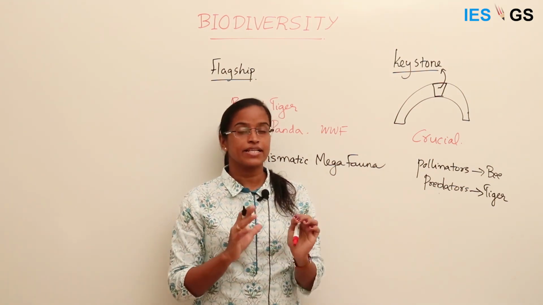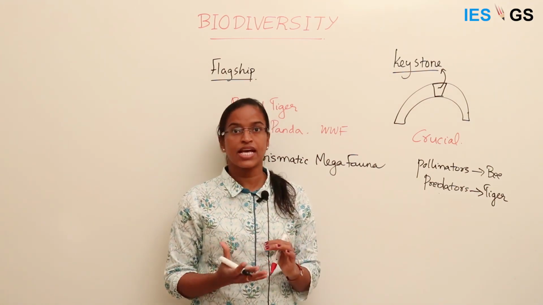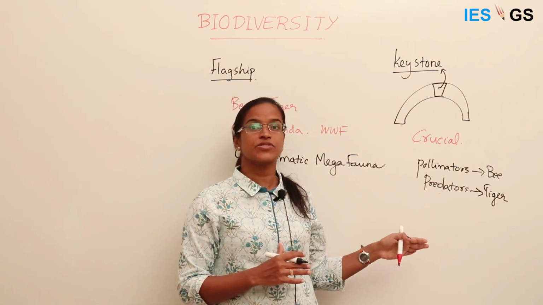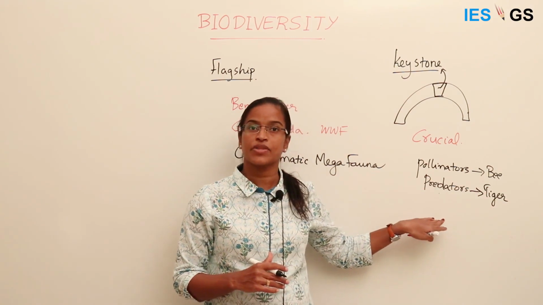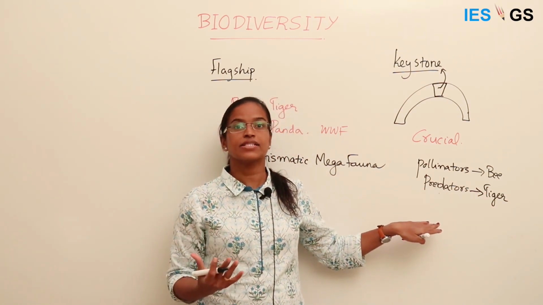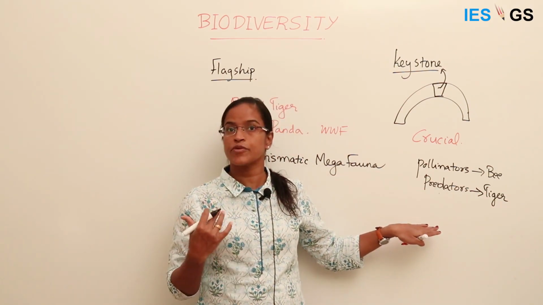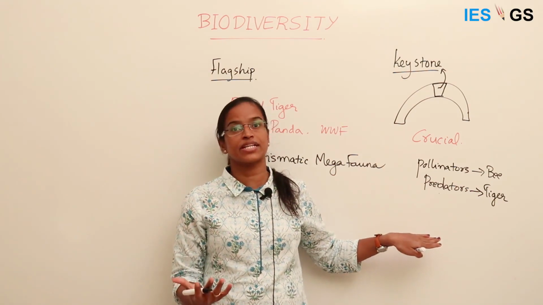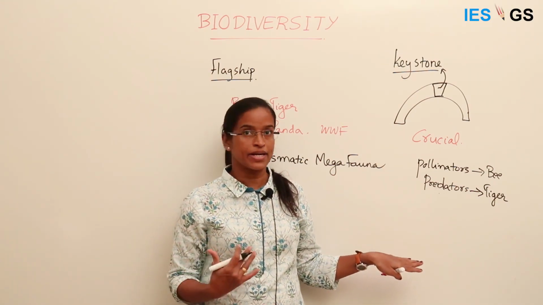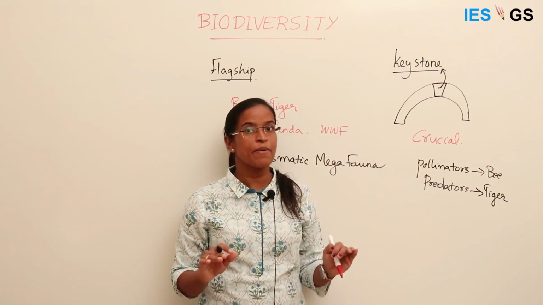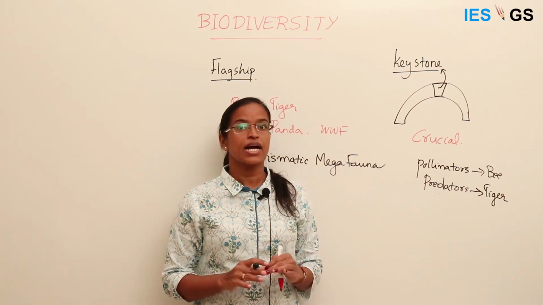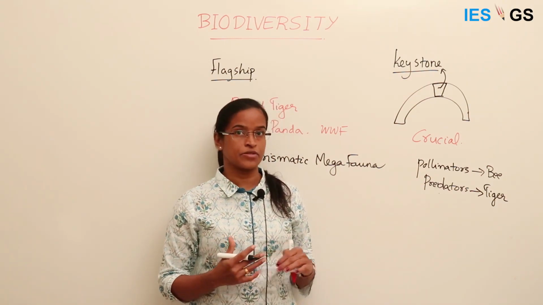Like that, a variety of species evolve, and the numbers of these species are also maintained by the tiger through predation. Otherwise, the species would overgraze and remove the plant life in that region, and the land would go barren. So the tiger maintains the balance in the food chain and thus the balance in the ecosystem.